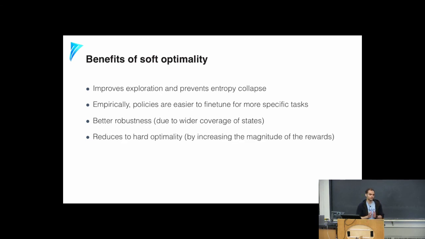And the nice thing is that it collapses to the hard optimality, or the standard RL, based on the magnitude of the rewards, or if we add the temperature, we can also collapse it to the hard optimality. Finally, the framework is also nice for modeling suboptimal expert behavior or human behavior.